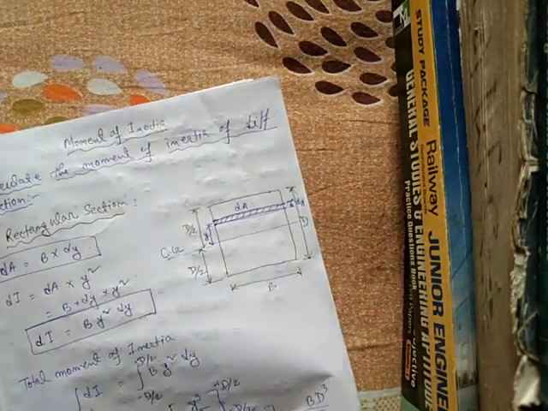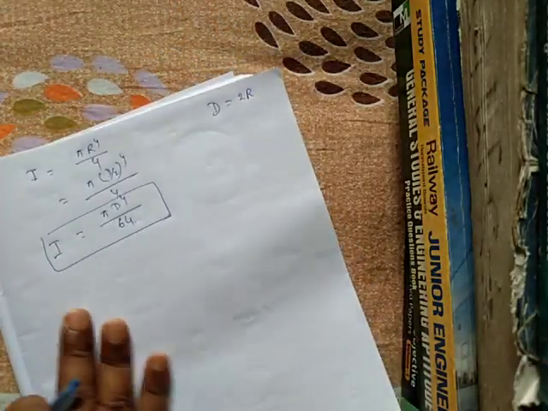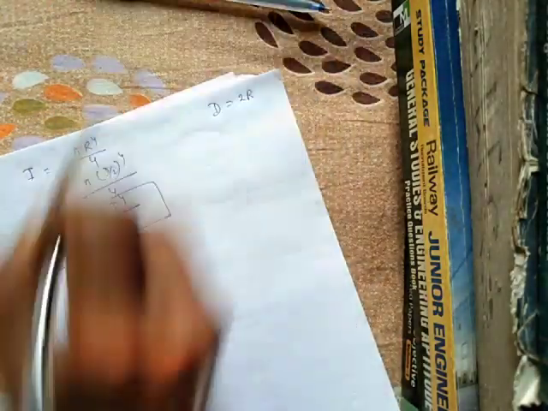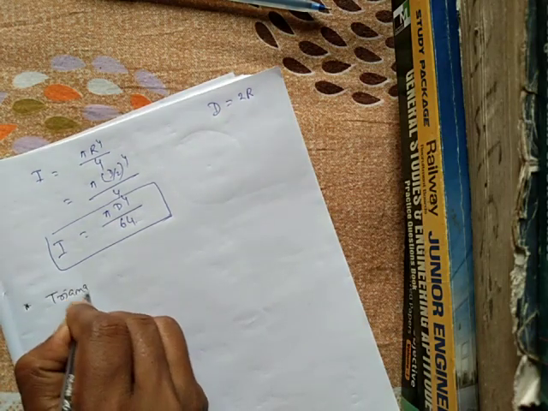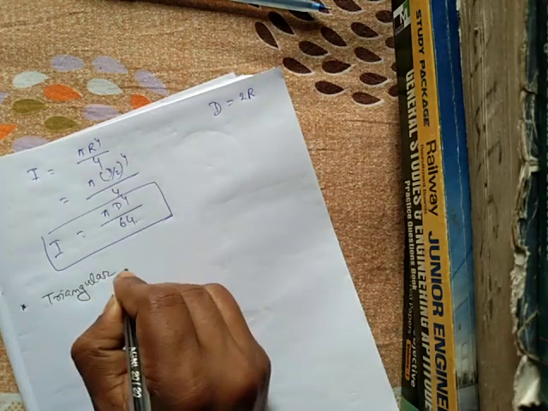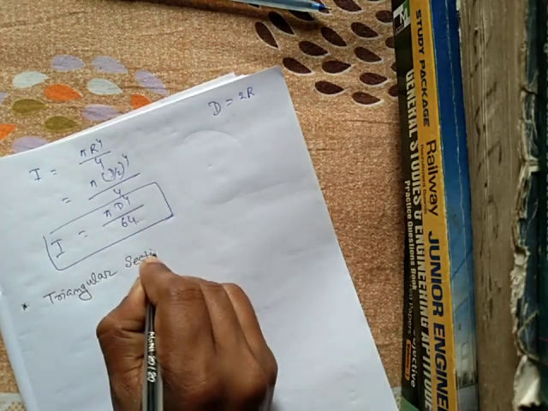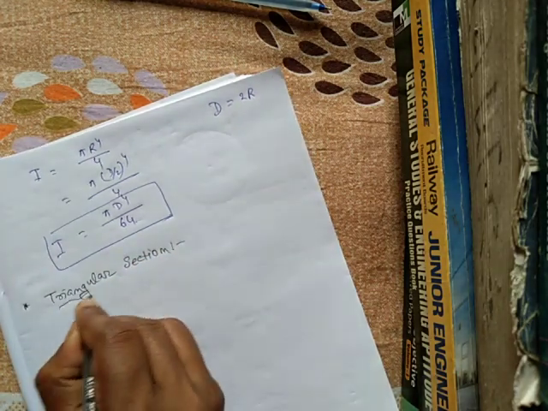Now we have to calculate the moment of inertia of the next section, the triangular section.